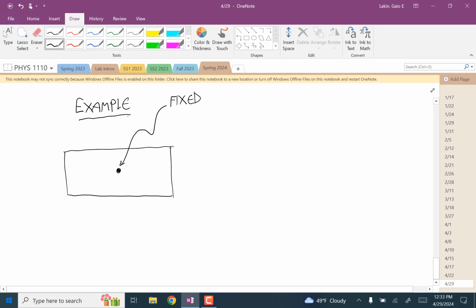And let's say this body has an angular velocity of negative 12 radians per second and an angular acceleration of negative 40 radians per second squared.